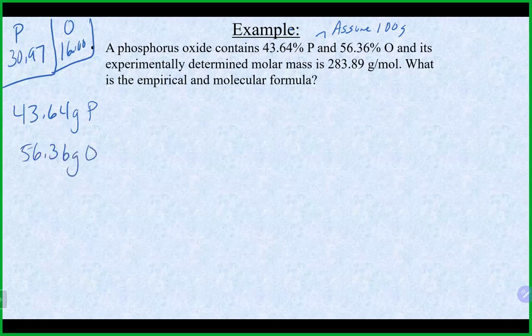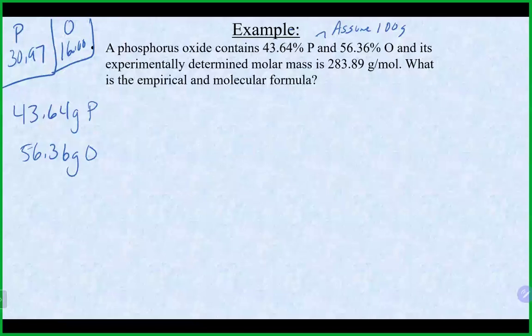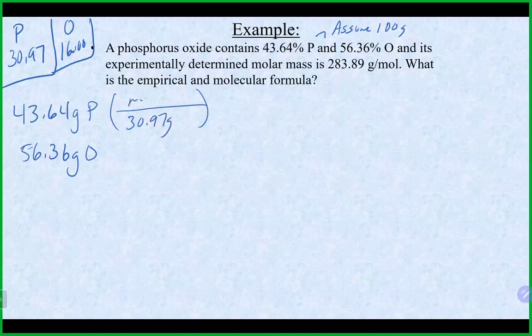At this point, we are going to convert to moles. Using the periodic table, we have 30.97 grams per mole of phosphorus, and for oxygen, we have 16 grams per mole.